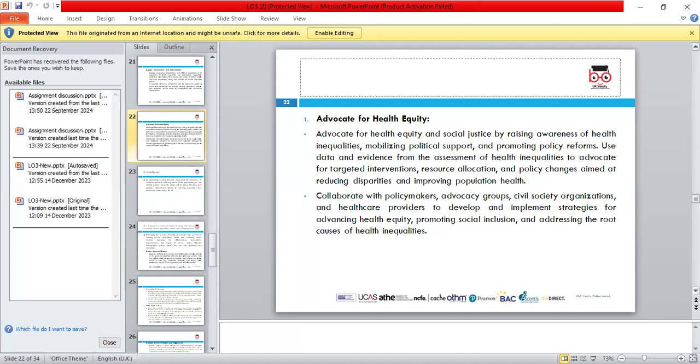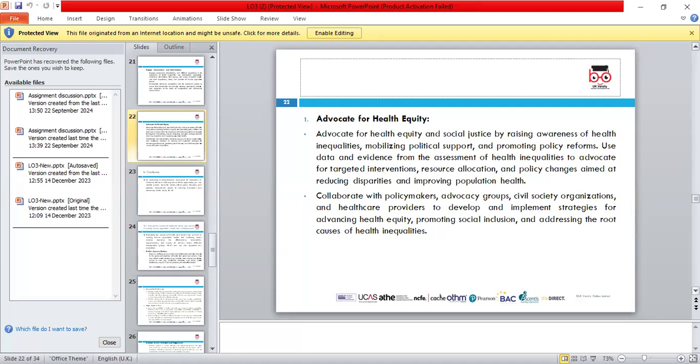Collaborate with policymakers, advocacy groups, civil society organizations, and healthcare providers to develop and implement strategies for advancing health equity, promoting social inclusion, and addressing the root causes of health inequalities. These are things that you need to look into for advocating for health equity.